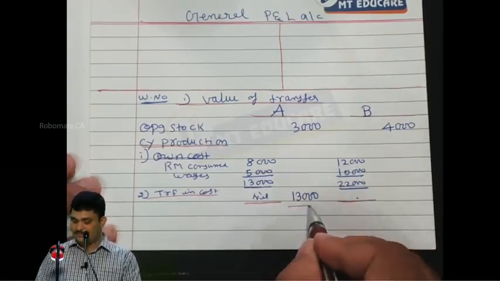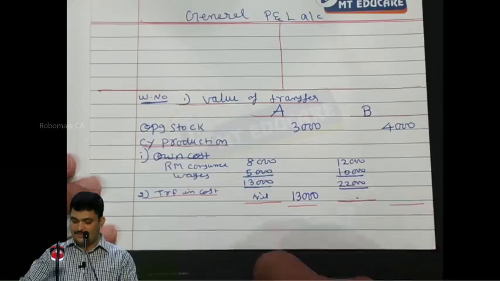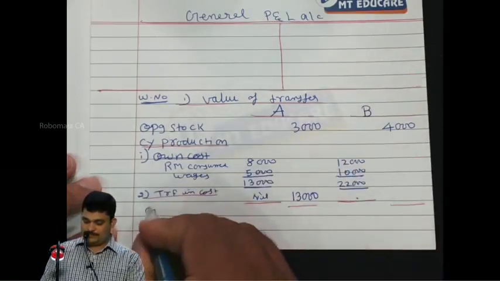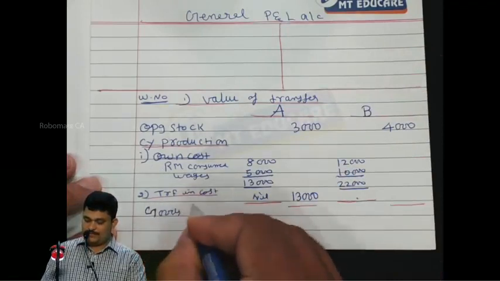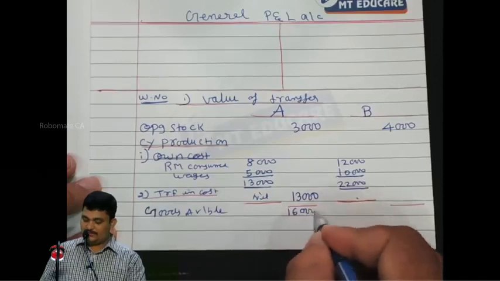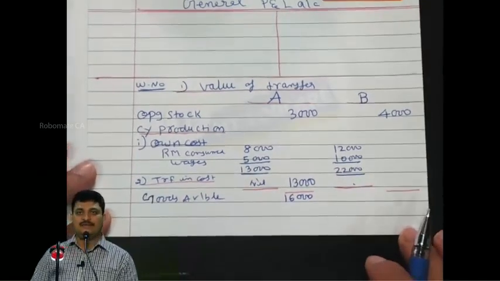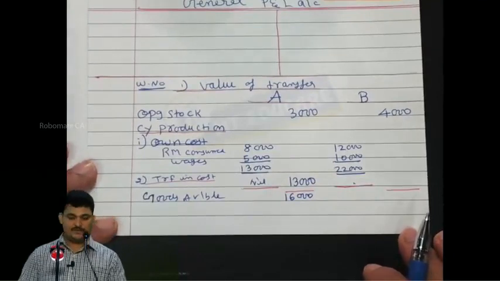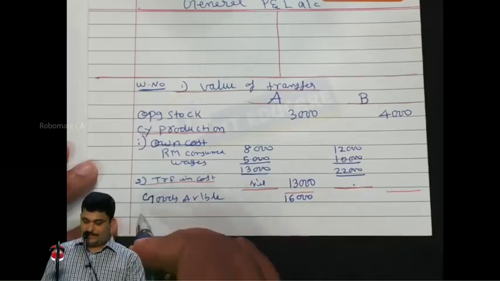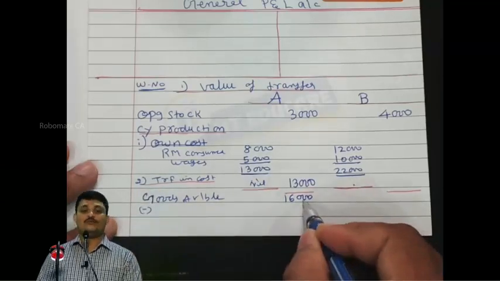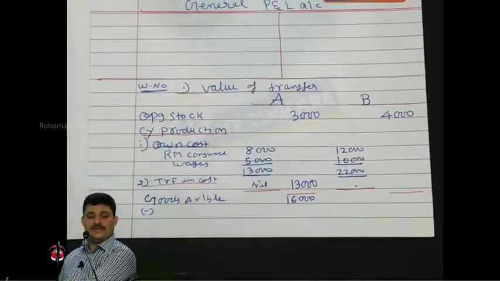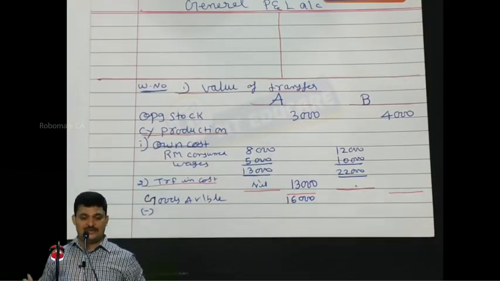Now, goods available at department A. How much? 16,000. Goods available at department A is 16,000. We can't now work out for department B. Minus, this is the total goods available. In that, I am seeing still at the end of the year some more stock, which means balance goods transferred.